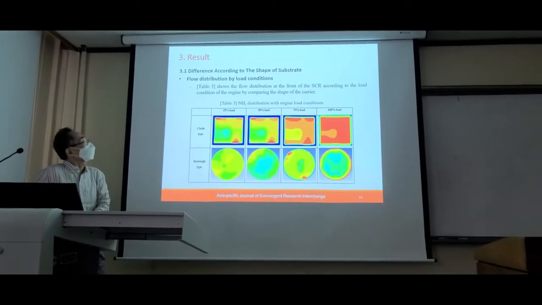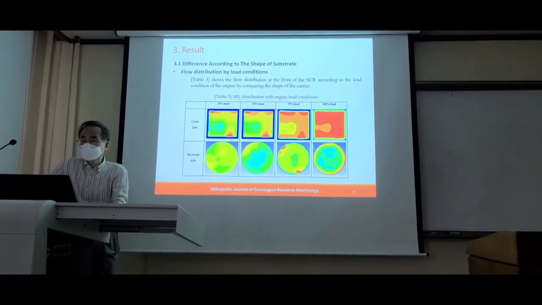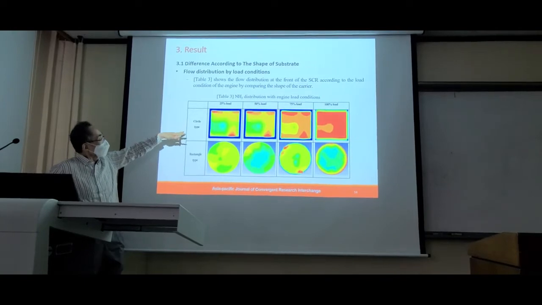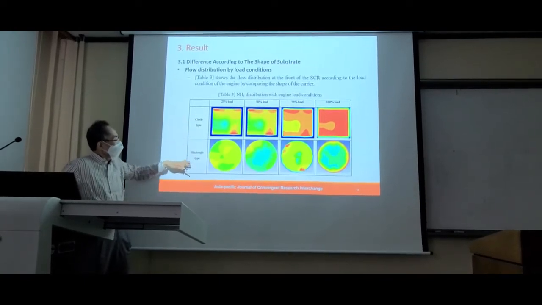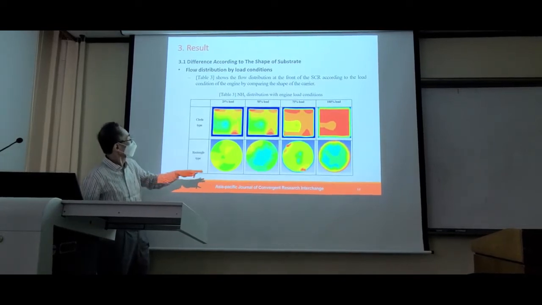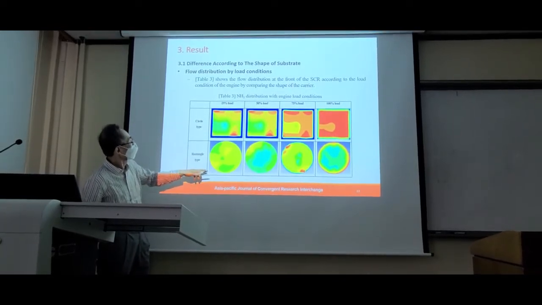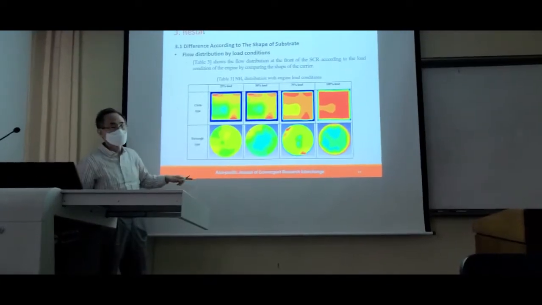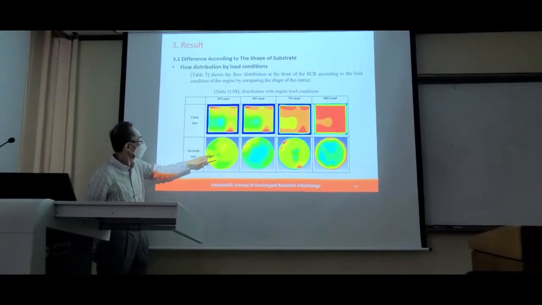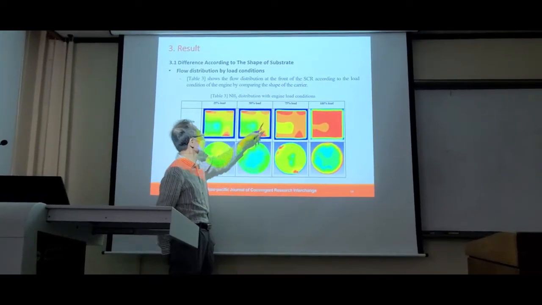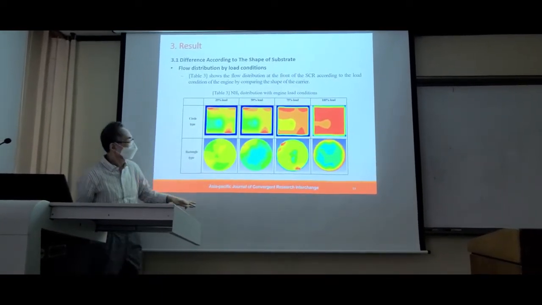This is different according to the shape of the substrate. Look at this, this is a circular type, and this is a rectangular type. This is a circular type, this is a rectangular type, and then these are different loads.